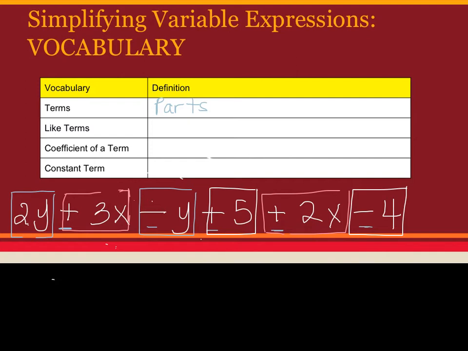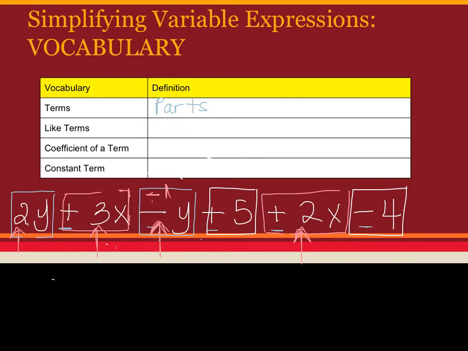Now the coefficients of a term are the numbers in front of the variables. So, for example, 2 is a coefficient, 3 is a coefficient, -1, in this case right here, is a coefficient, and 2, again, is a coefficient.